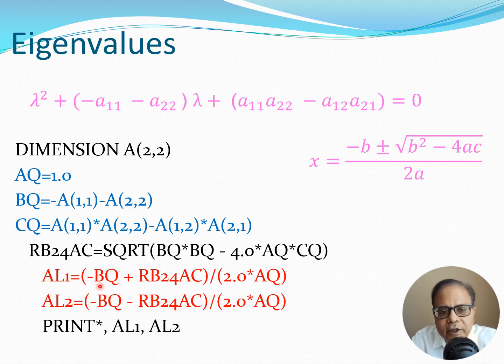So I get the solution AL1 is this particular value and AL2 is this particular value. So these are essentially representations of minus b plus the square root by 2a and minus b minus the square root value by 2a. Now once I have done all this, I print out AL1, AL2. These are going to be the eigenvalues of the matrix concerned.